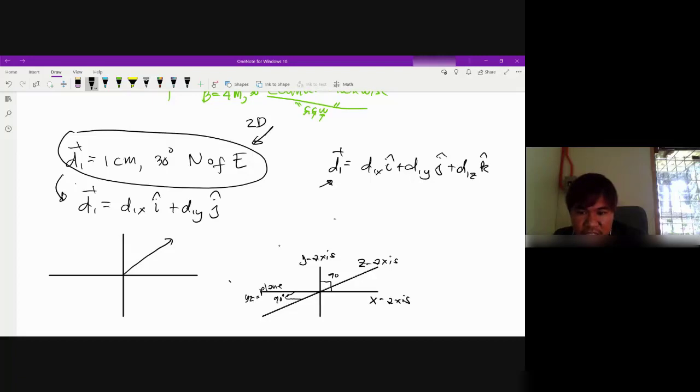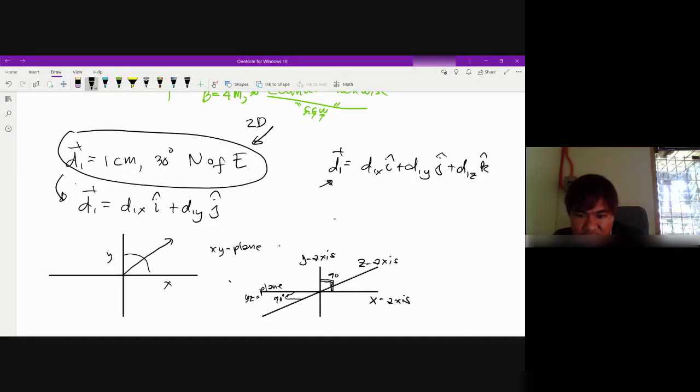And then this one is the XY. So this is X, this is Y. This is the XY plane. Okay. So this is the XY plane.